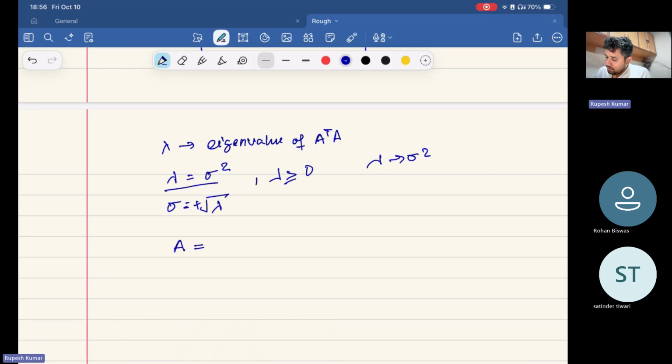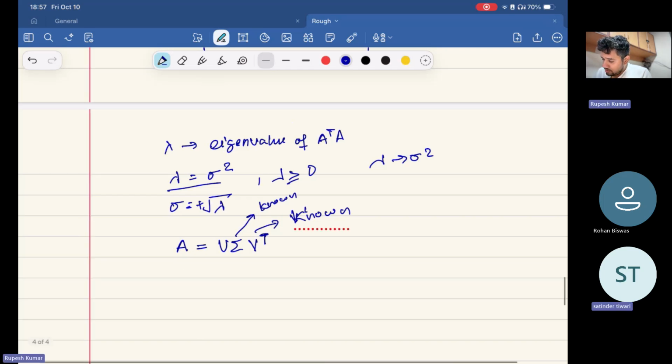This is very simple. Let's say you got A equals U sigma V transpose. Now we have calculated V transpose, and you know the sigma values, so this is also known. Now you can invert this matrix.